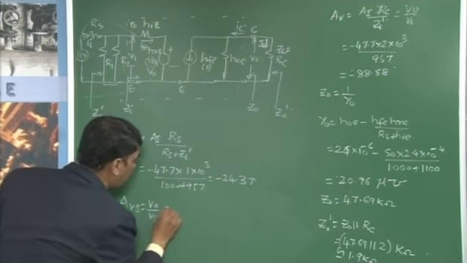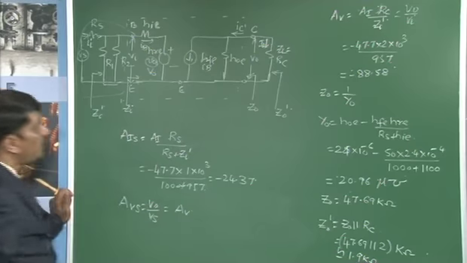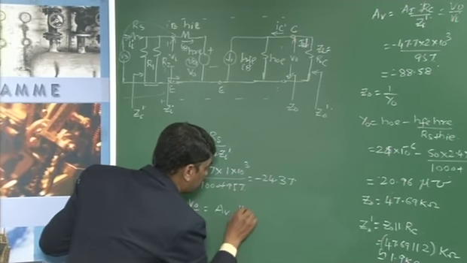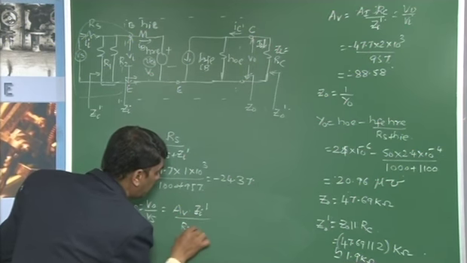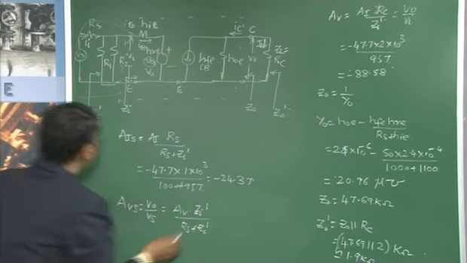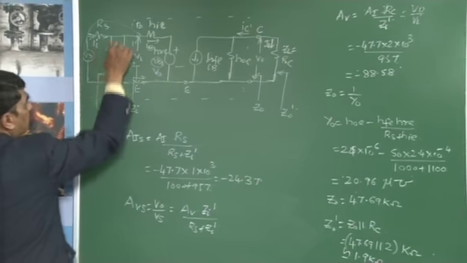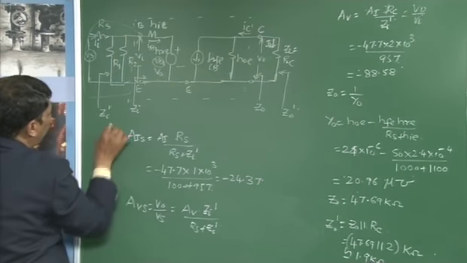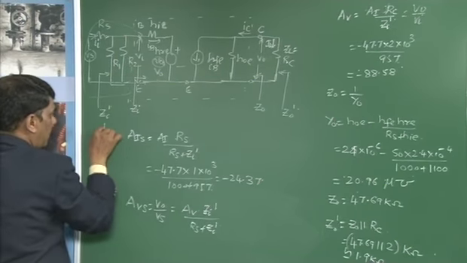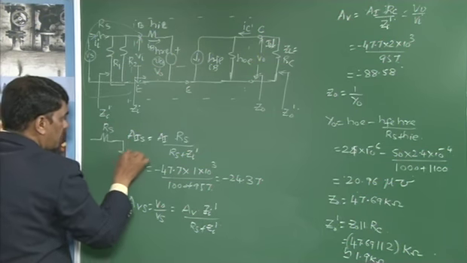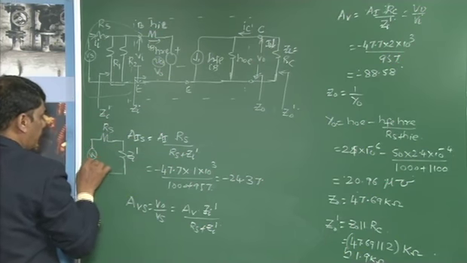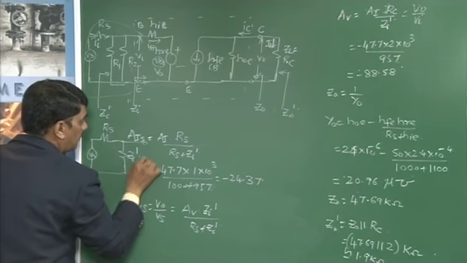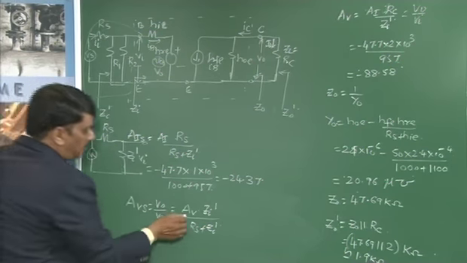Then this is equal to AV into Zi dash divided by Rs plus Zi dash, because when you are looking into this, the entire amplifier is replaced with Zi dash, then this source becomes Rs multiplied with Zi dash, this is your Vs. The voltage across this is nothing but Vi. Hence, this value is given by this.